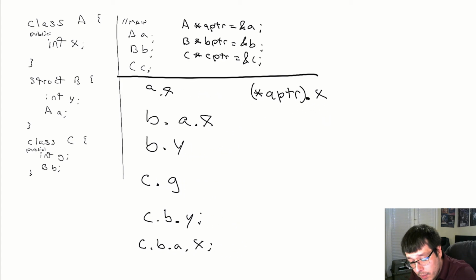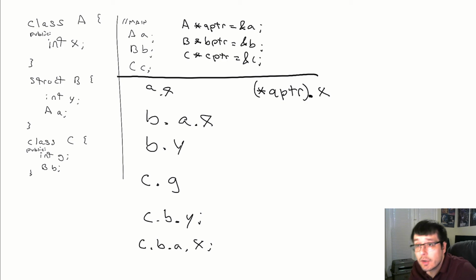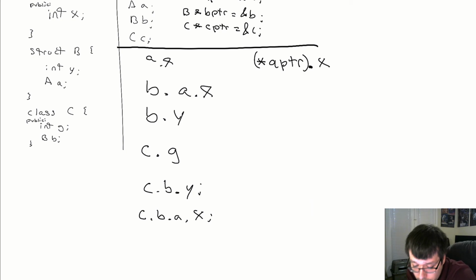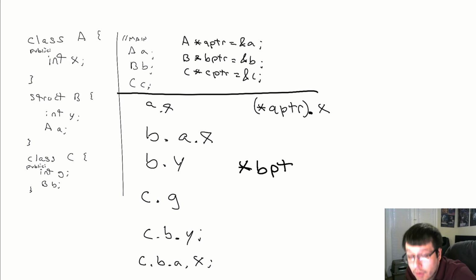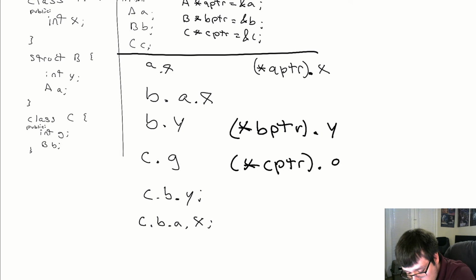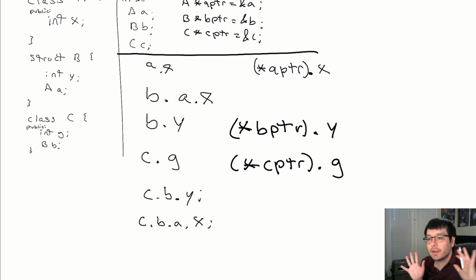So this would be the equivalent line to that, but using the pointer. Let's do the other easy ones first. So like b.y. That one is just going to be bPtr, because again, that's what we call the pointers up there. So bPtr dot y, and we put the parentheses there. Same with c.g. That's just going to be cPtr dot g. So those are the easy ones, no problem.